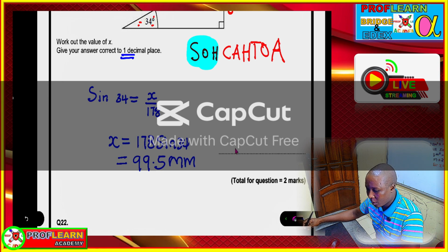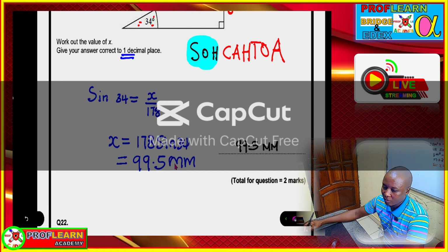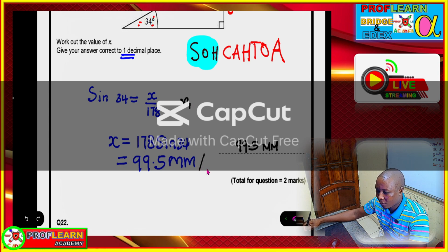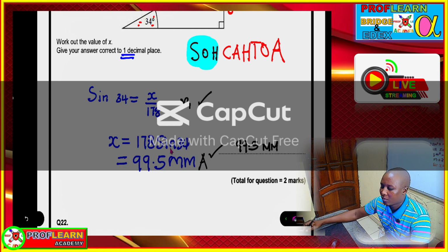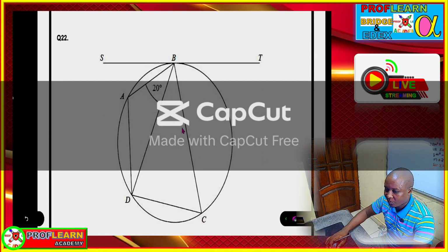So this is going to be 99.5 millimeters. The examiner will just come here and say M1, actually this one is having M1 and the answer mark. So you're going to get 2 marks for just doing that.